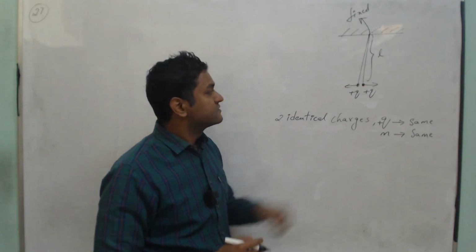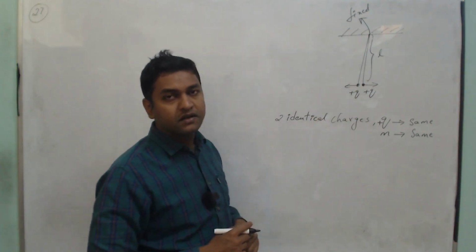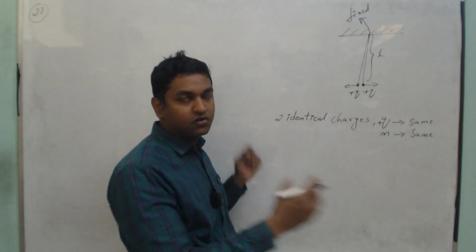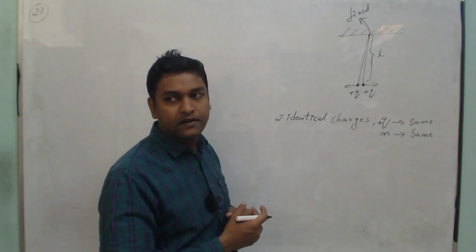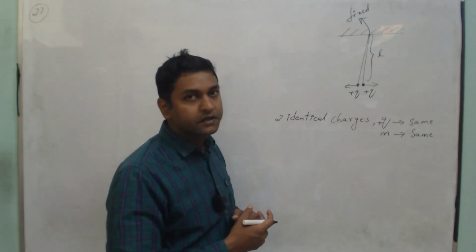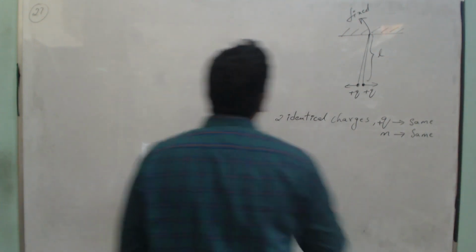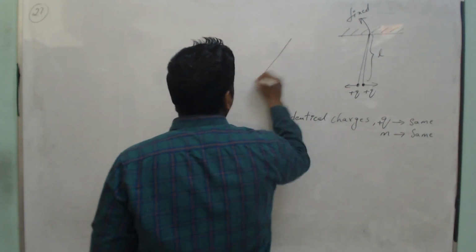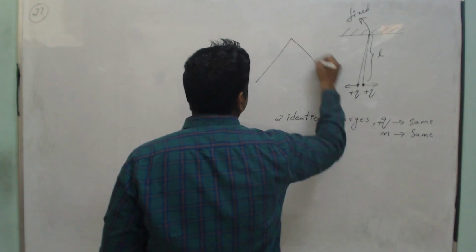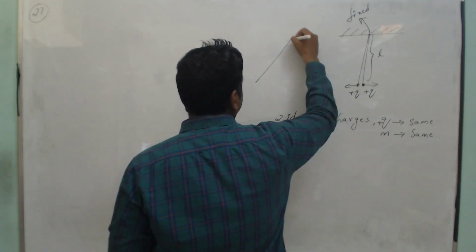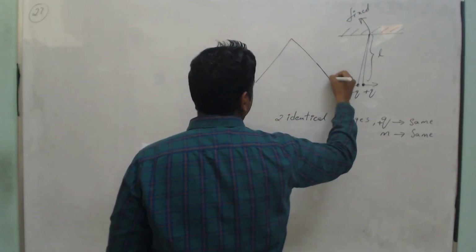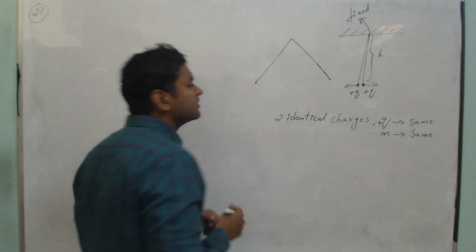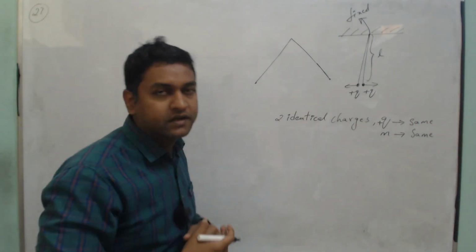So the charges are not going to remain at this position. Eventually, they will go farther from each other, right? So how are they going to look like? They will look something like this. They'll go apart from each other.